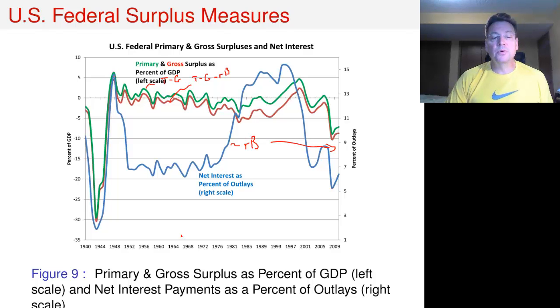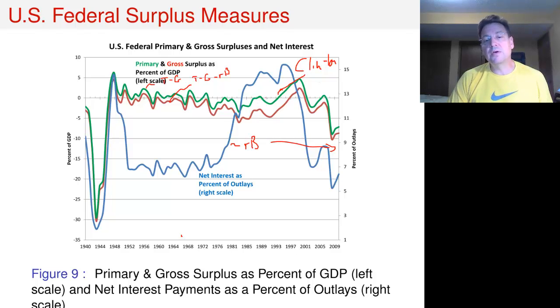After World War II, there were surpluses for a while. And what you can see here by looking at the green line is that there were primary surpluses for much of the time up until, let's say, the mid-70s. There have been some primary surpluses since then. In particular, this is during the Clinton administration.